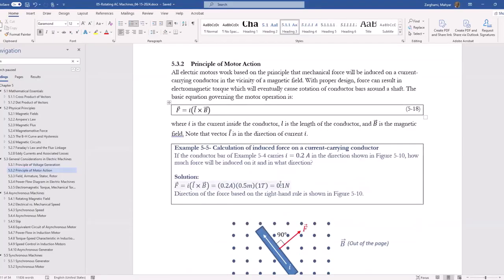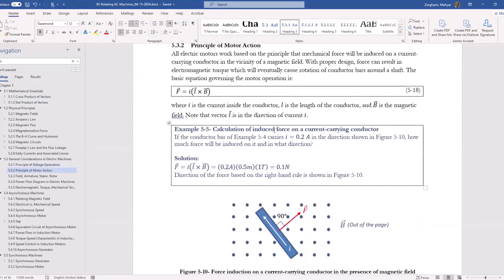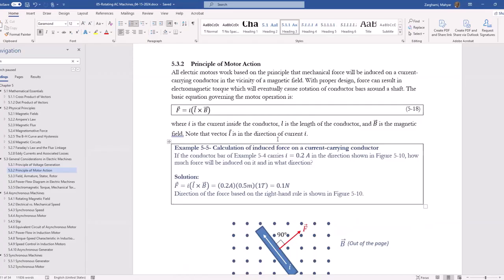The next concept is the principle of motor action. So how do motors work? All of the electric motors work based on the principle that a mechanical force is induced on a current carrying conductor when it's in the vicinity of a magnetic field.